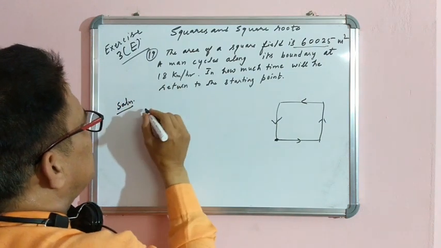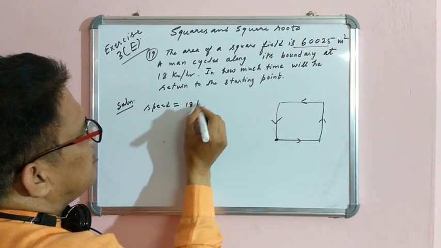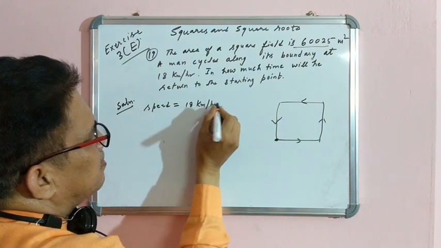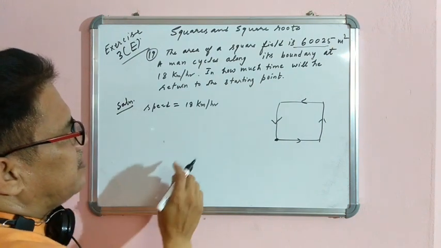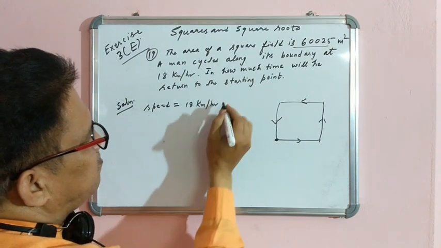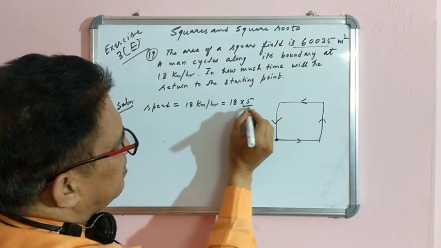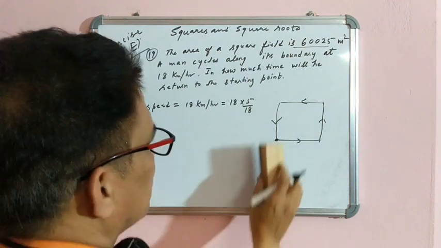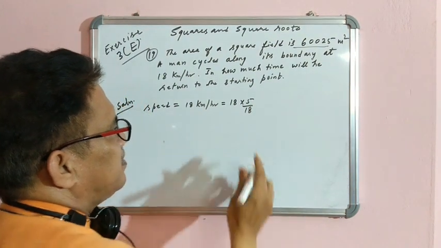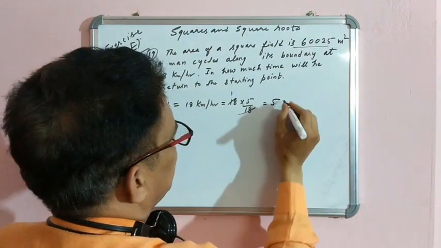Now the speed given here is 18 km per hour. And you know that to convert this into meter per second, we have to multiply by 5 by 18. So 18 into 5 by 18, we are getting 5 meter per second.